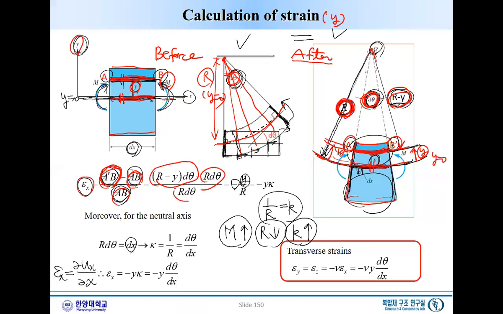And divide by R d theta. Now you see d theta all disappears, and R disappears.